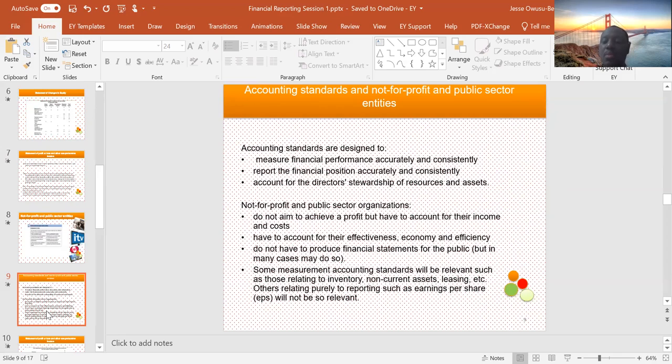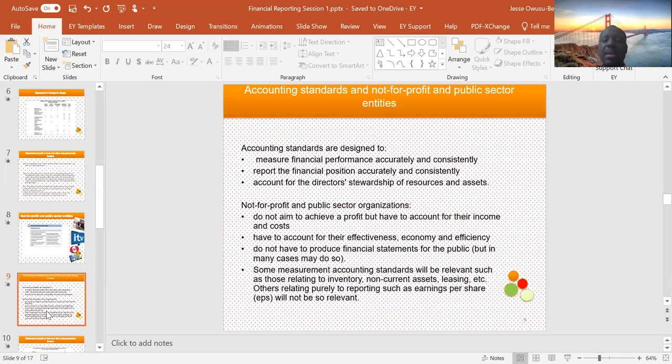So they need to measure how effective they are with the management of resources, how efficient they are with the management of resources. Also, non-profits and public sector organizations do not necessarily have to produce financial statements for the public, but in many cases they do so just for accountability purposes.